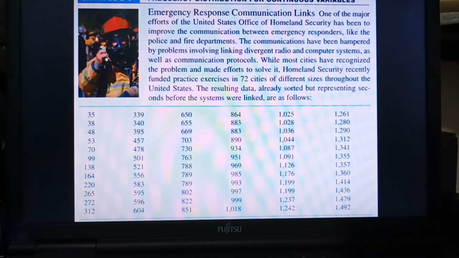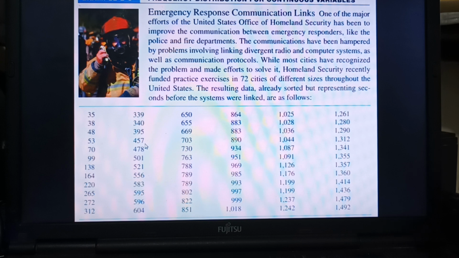The resulting data, already sorted, represent seconds. These numbers are in seconds before the systems were linked. This is the number of seconds before a system is linked to one another.